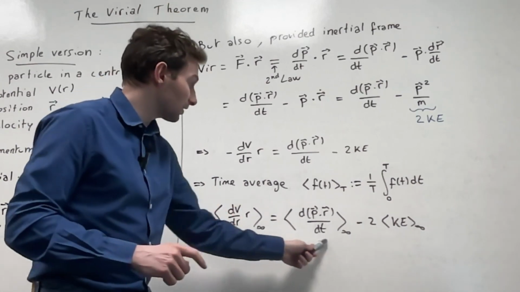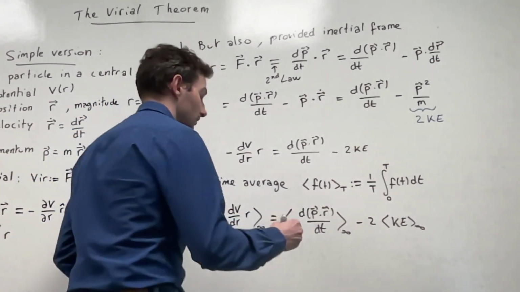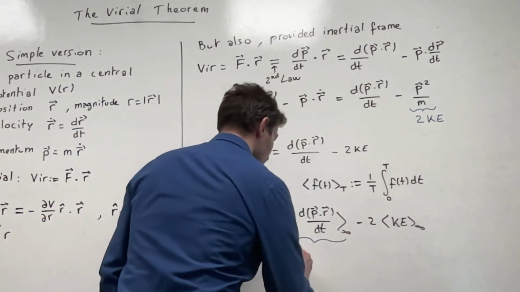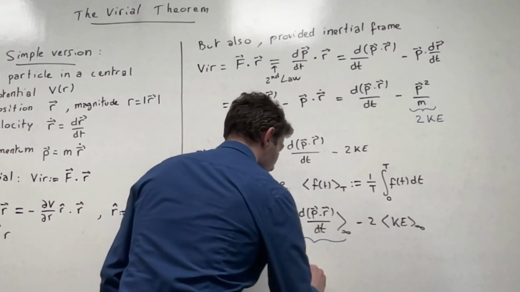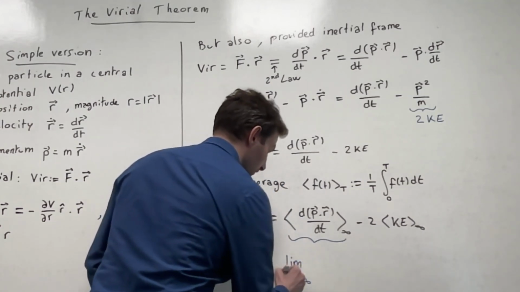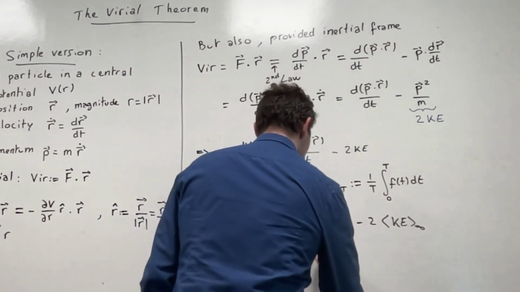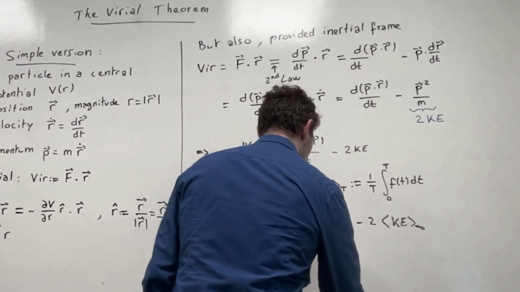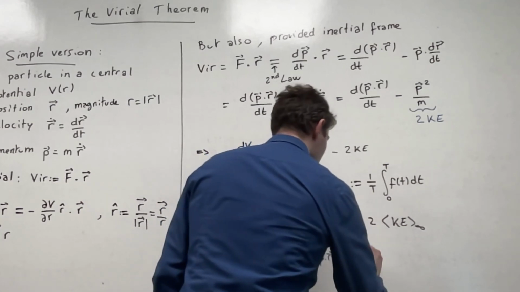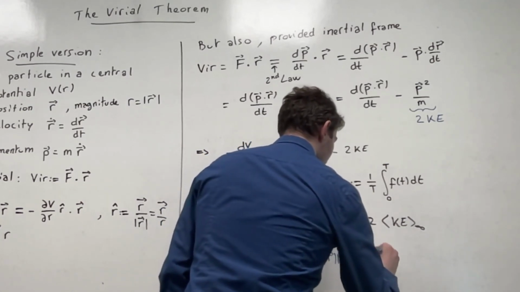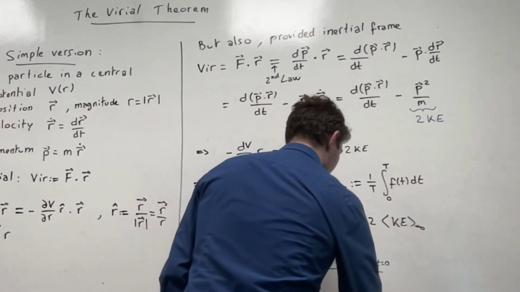So, as it turns out, because we take T to be infinite, this can be written as a limit when big T tends to infinity of p dot r evaluated at T minus p dot r at time equals 0, and the whole thing is divided by the period T.